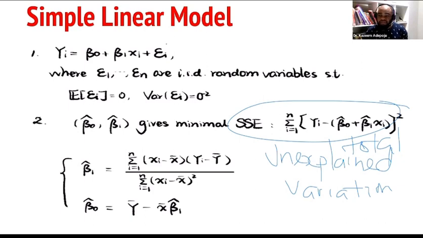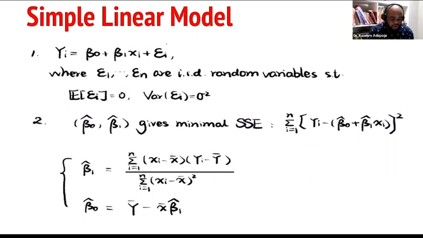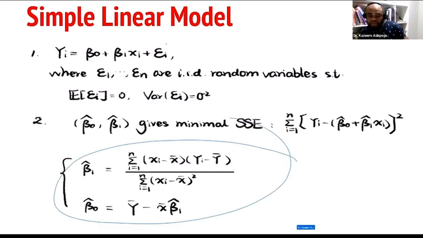You remember the other time, before we went on the Thanksgiving break, I walked you through how to derive this from first principles.